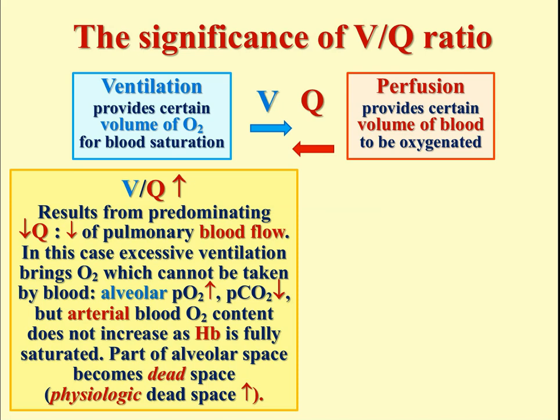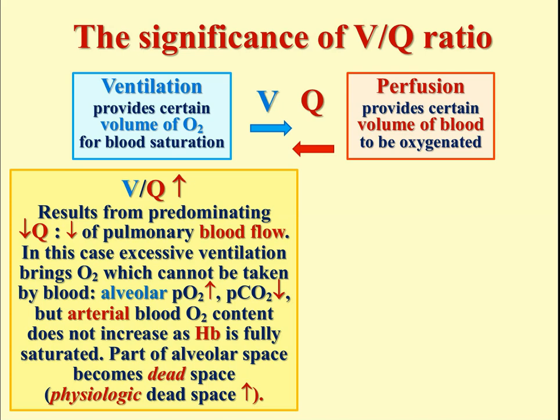But here now it becomes greater because not all the air from alveoli is used. But as a result of all this, we have just unnecessary ventilation, and arterial blood quality remains normal. Arterial oxygen content, arterial PO2 is normal, as well as PCO2.